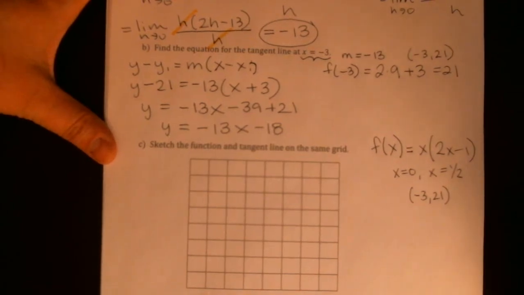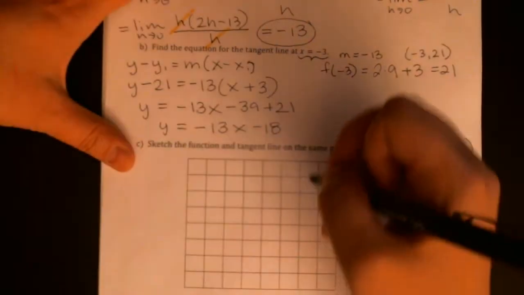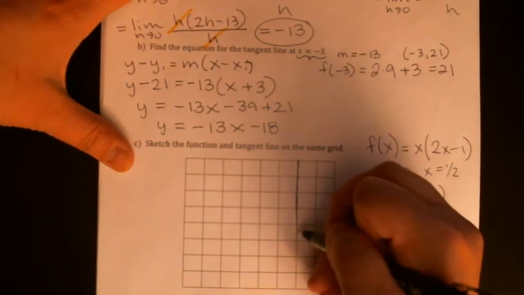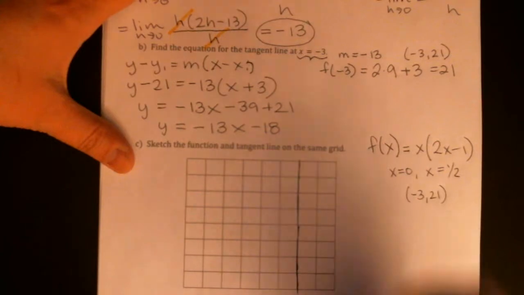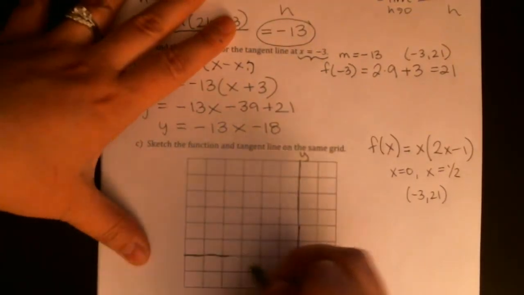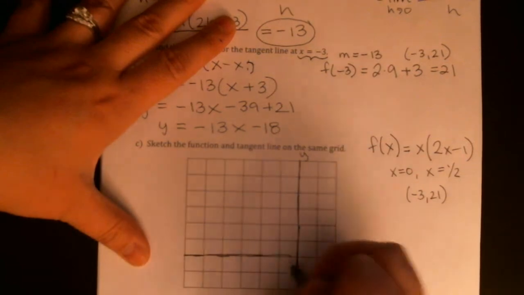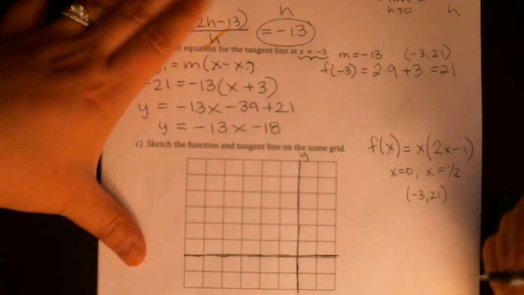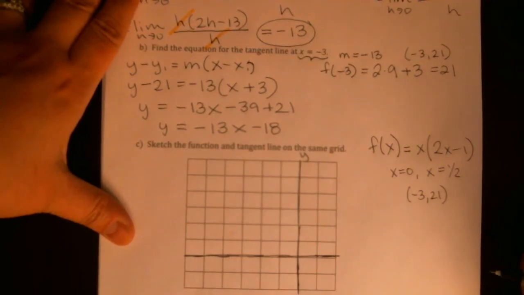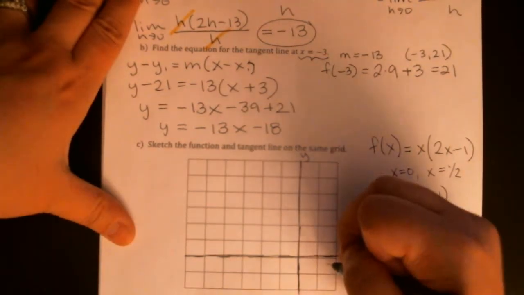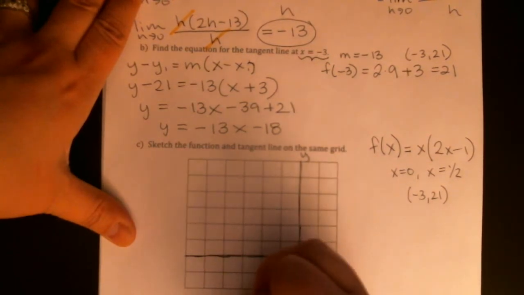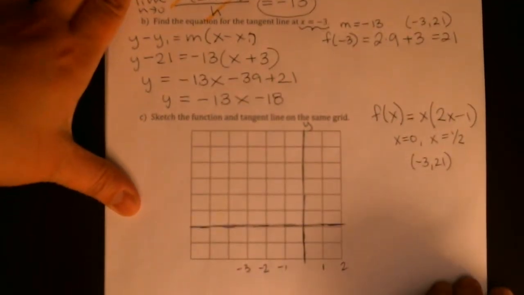Okay, so let's see. I'm going to move my axes a bit. I'm going to make this my y-axis, and I'm going to make this my x-axis. See if we can make what we want to see actually fit. And let's see. 0, 1/2. Okay, so let's make these 1, 2, negative 1, negative 2, negative 3. Can you see what I'm writing? Nope.